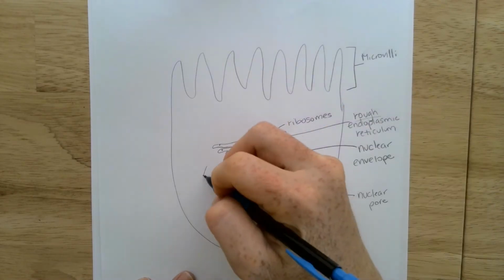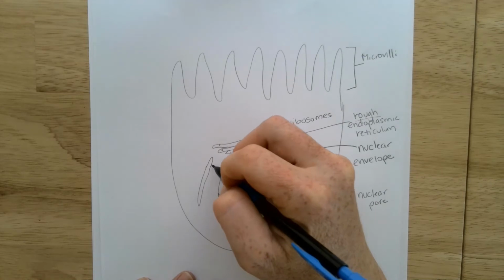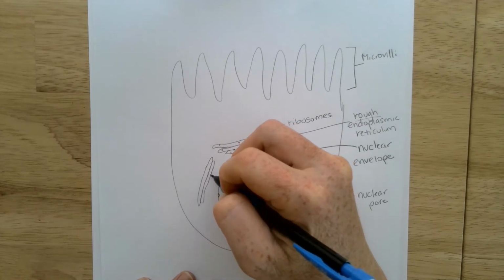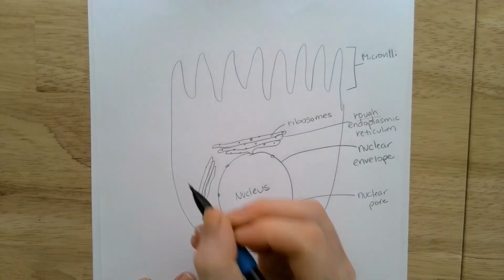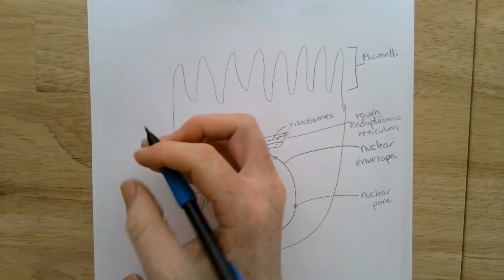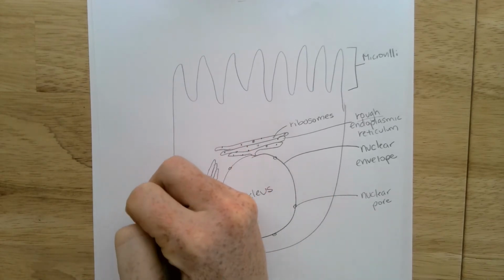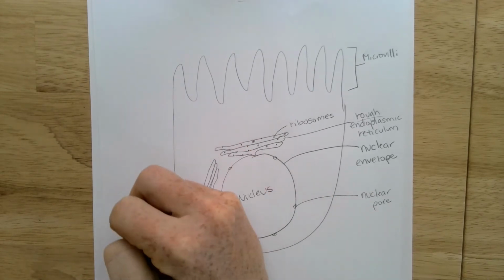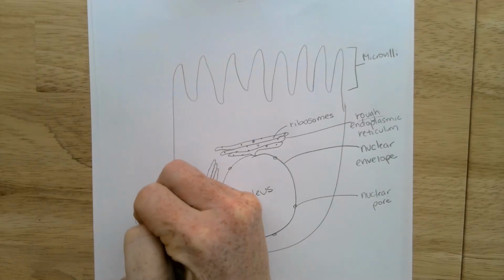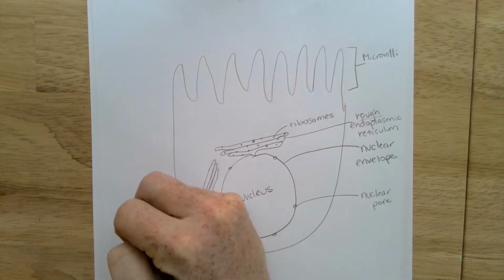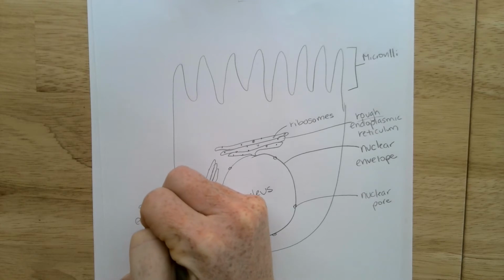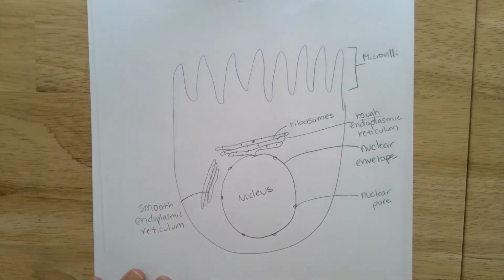If you have flattened sacs that have no ribosomes on them, then it is called the smooth endoplasmic reticulum.